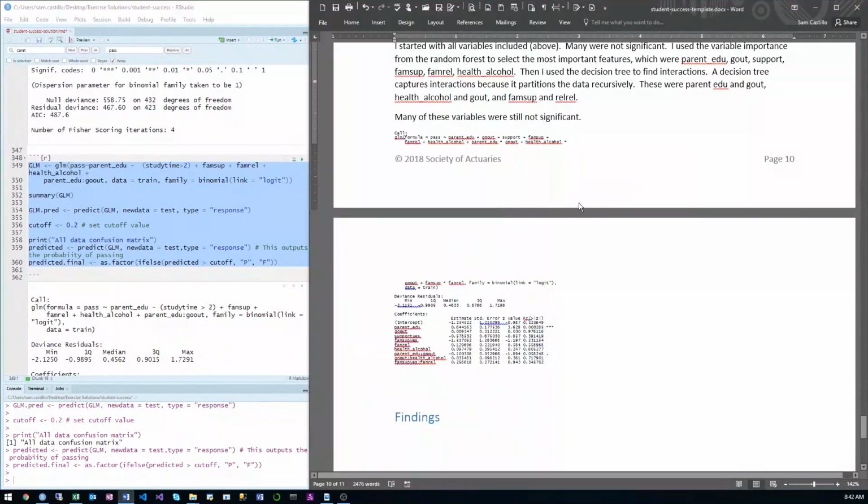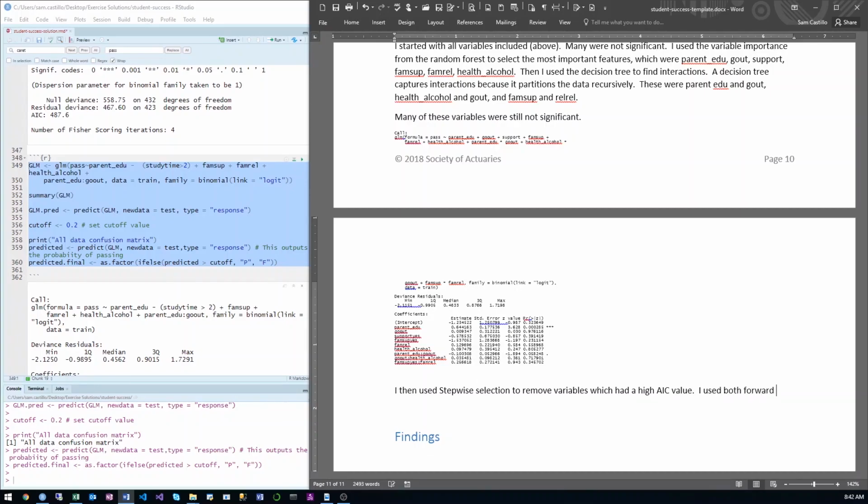I then used step AIC. Then used stepwise selection to remove variables which had a high AIC value. I used both forward and backward directions.